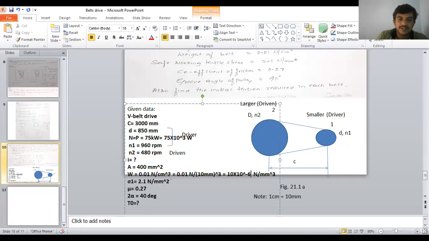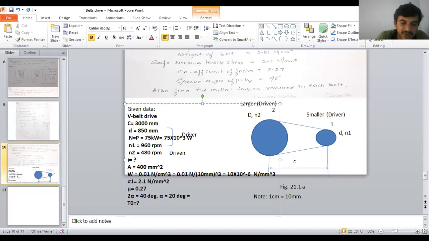Then after that, mu value is given. Then 2 alpha is 40 degree. Now what will be the alpha value? Alpha is 20 degree. But whether I want to substitute degree or radian, apart from trigonometry values, the angle should be in radian. Trigonometry values mean sine, cos, tan, the other three remaining things.